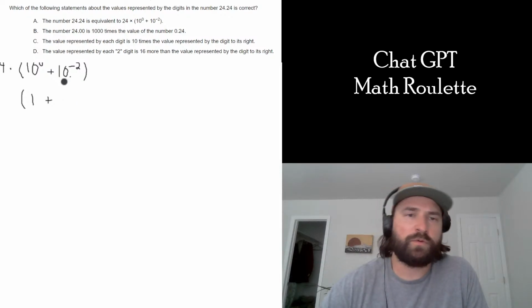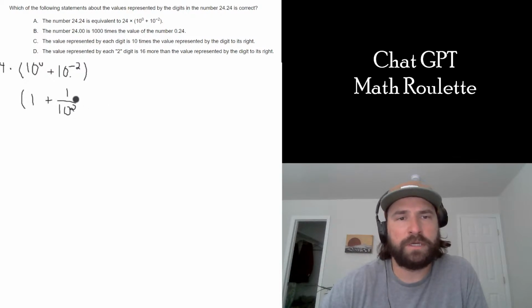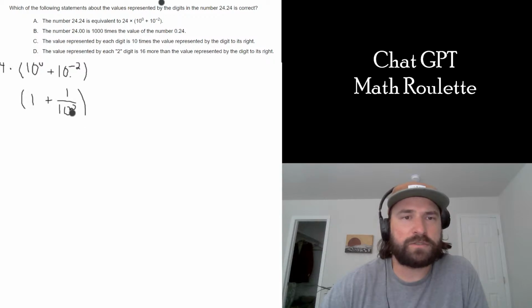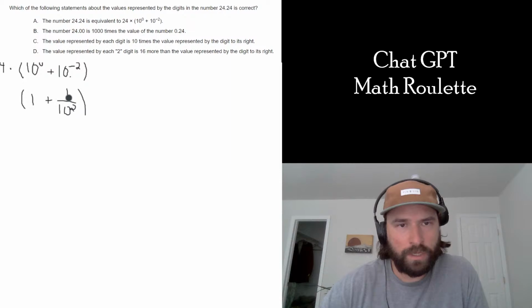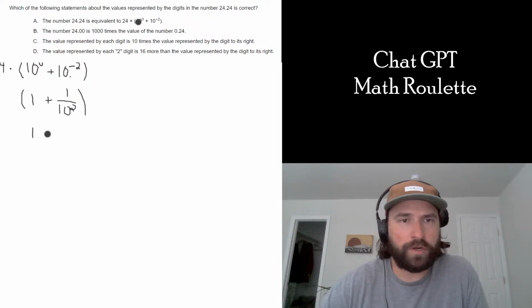So when you raise something to the negative 2 power, what that actually does is just 1 over 10 to the positive 2. That's what a negative exponent is. It flips the fraction and then raises it to the same number that it was, but the positive version. So this is actually 1 plus 1 over 100, right?